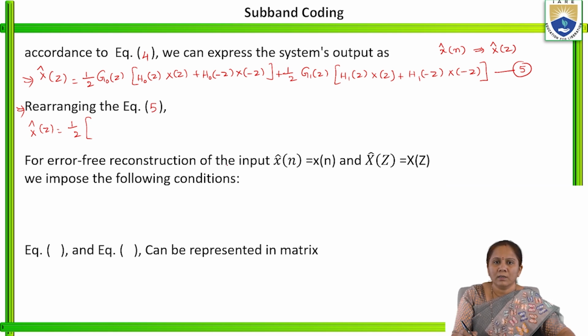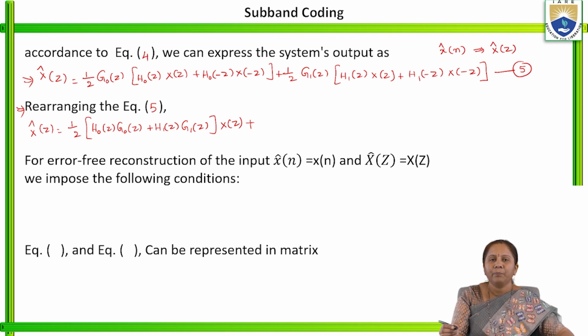So bring this first term X of Z outside. So we will get H naught of Z into G naught of Z plus H1 of Z into G1 of Z into X of Z plus.